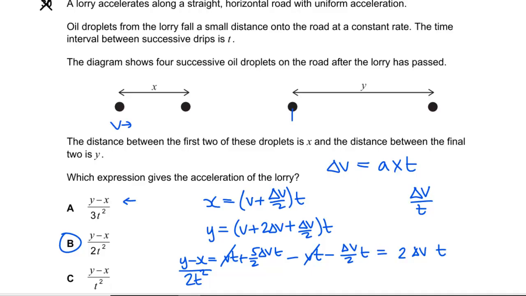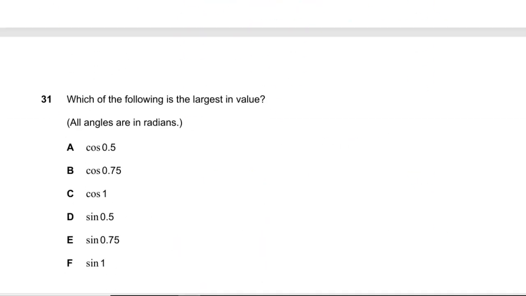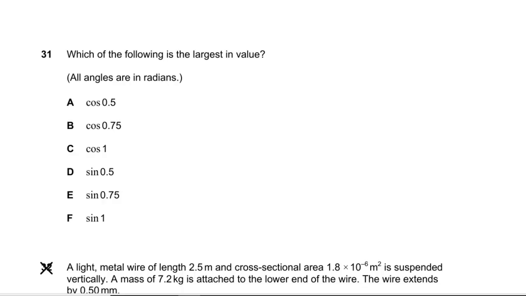Okay, that was quite an interesting question. Something a bit different. Which of the following is the largest in value? All angles are in radians. So we've got cosine of a half, 3/4 and 1, and then sine of a half, 3/4 and 1. Well, all of these are well inside the first quadrant. If you think that pi over 2 is 1.55 and bits, so it's got to be A or F, definitely on those.